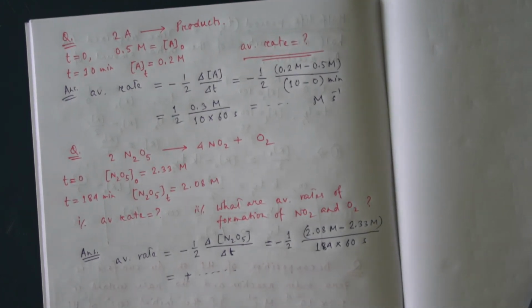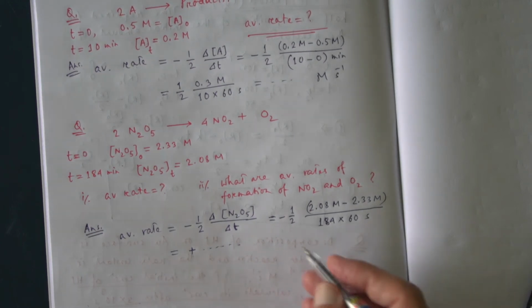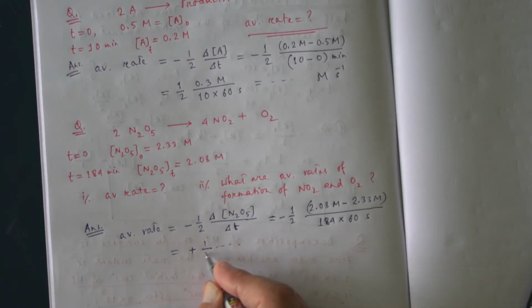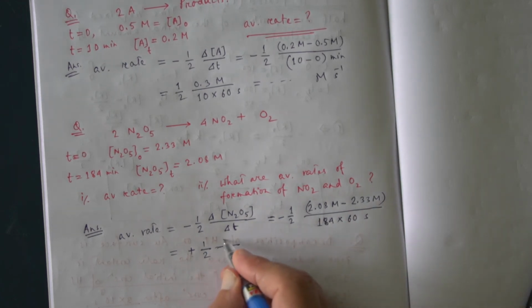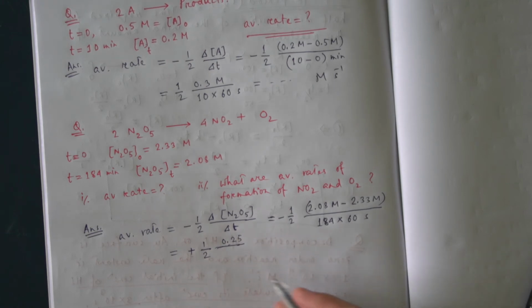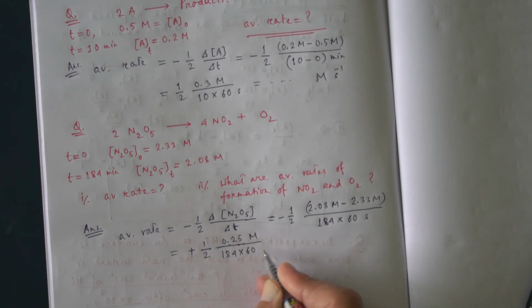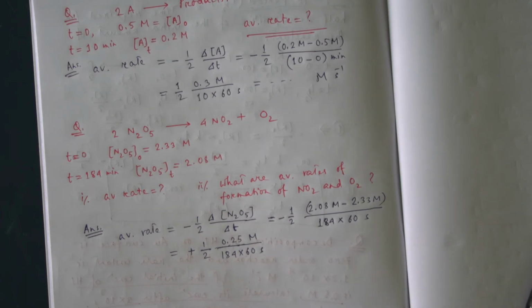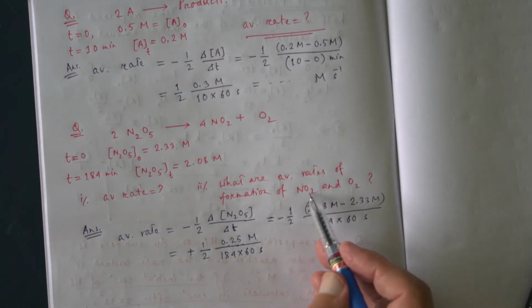Okay, you just simplify, you will get result. This is half and this will be 0.25. Okay, then 184 into 60, this is molar, this is second. Okay, this. Now rate of formation of NO2.